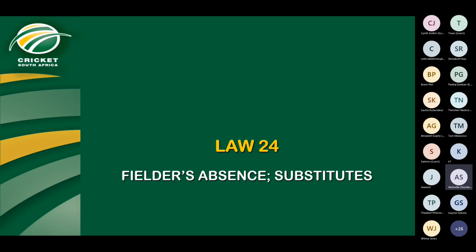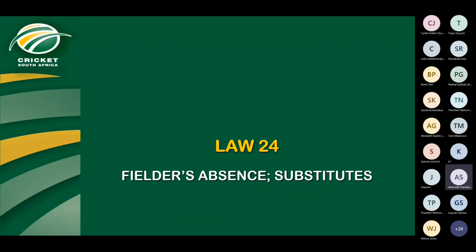What are those 3 ways? Hit the ball twice, obstructing the field, and run out. So bowled is not one of the methods that you can be dismissed off a no ball. That's why in this scenario, the striker will be not out bowled because the delivery was a no ball.